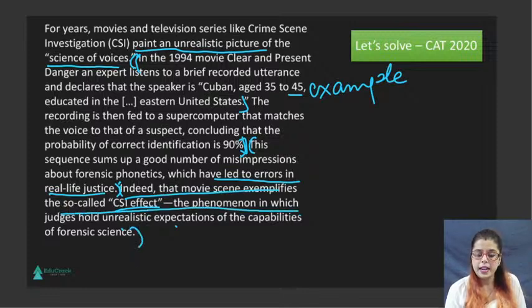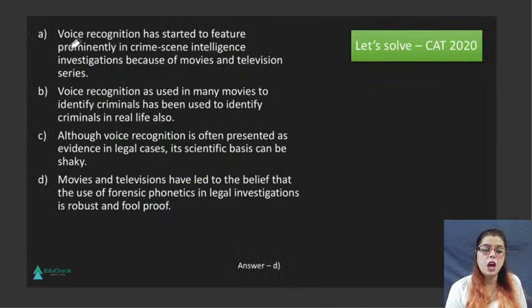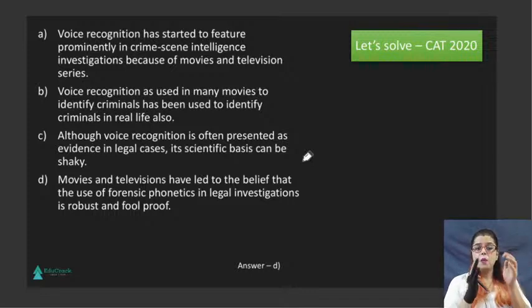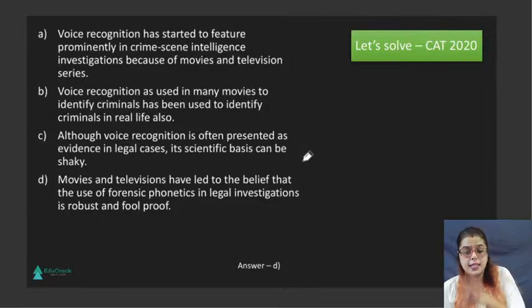statement, right? So coming back to it, if you look at this option here, it says voice recognition has started to feature prominently in crime scene intelligence investigations because of movies and television series. What it is saying is that voice recognition in real life started happening later. It was first introduced in the movies. Actually, it existed.